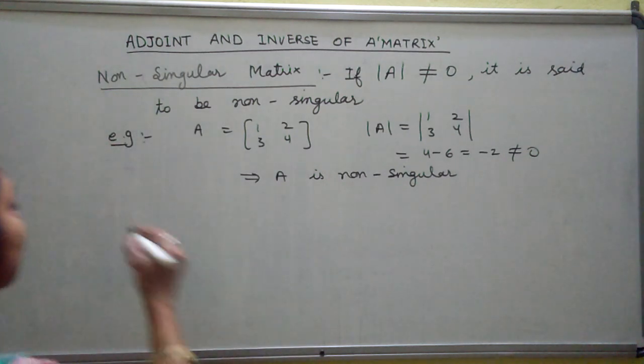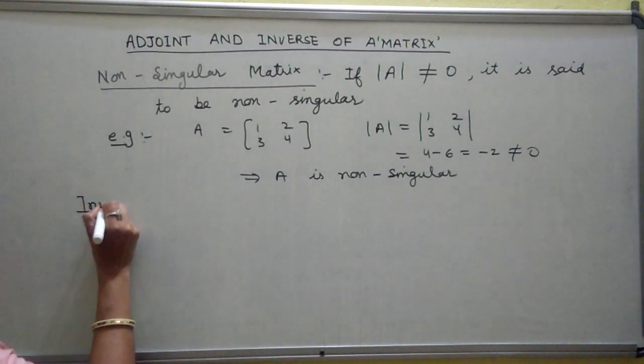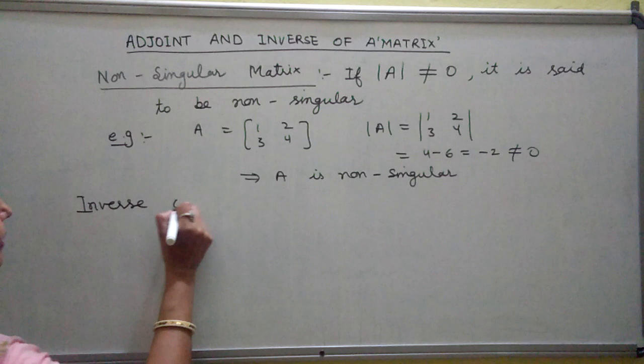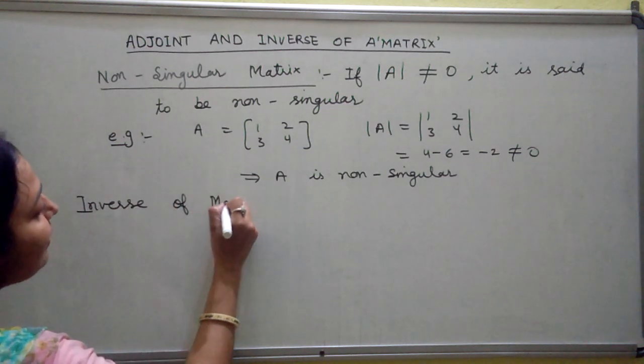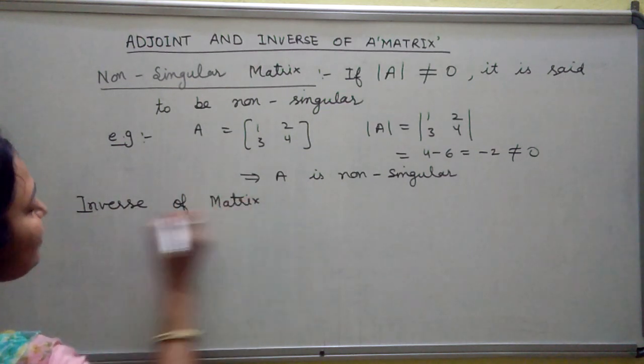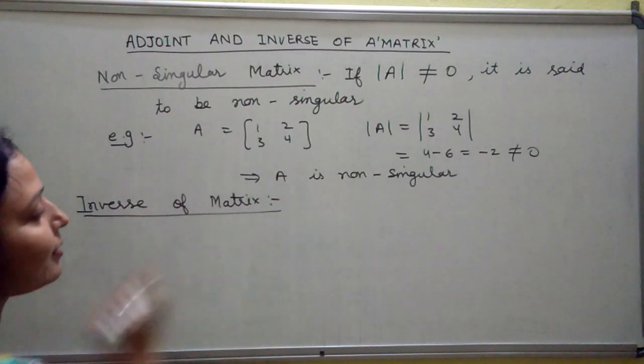How? Come to the inverse of a matrix. When you get the formula, you can understand how we can say that A determinant should be non-zero for the inverse.